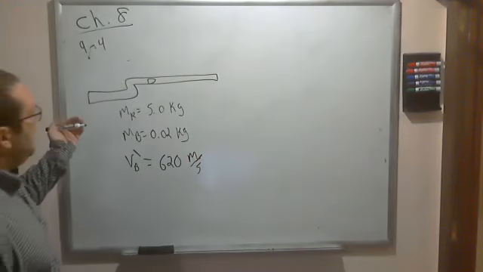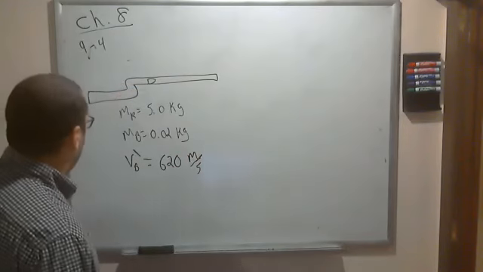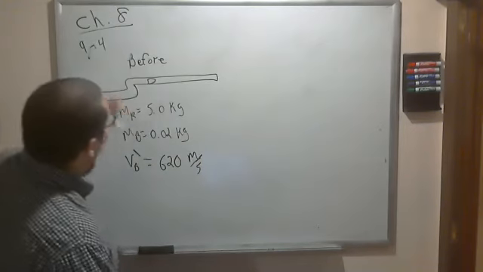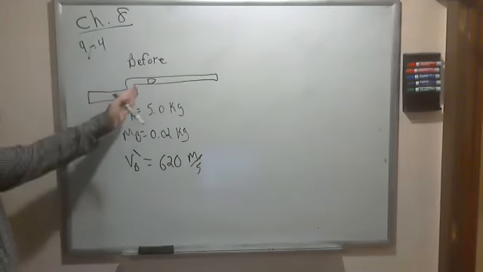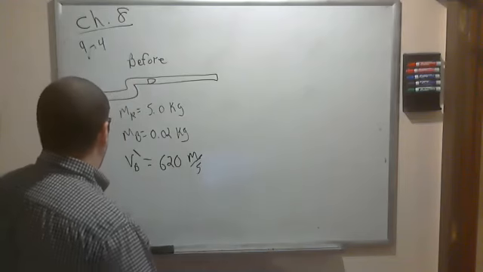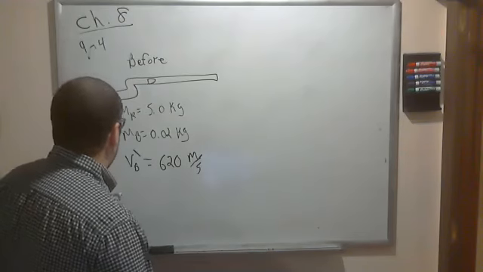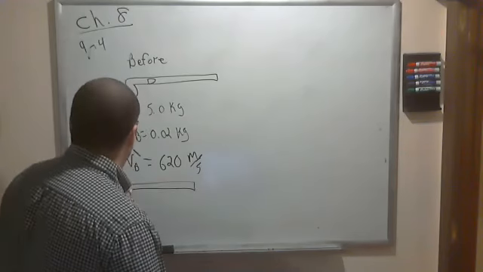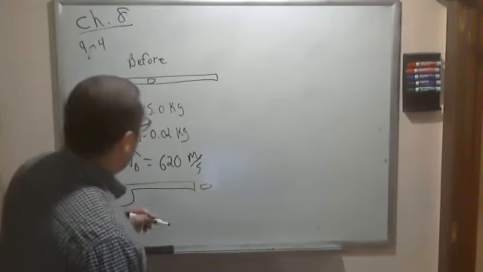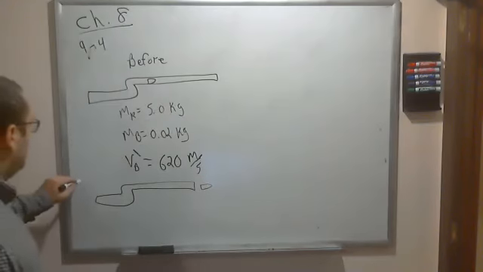Initially it's this, and this is before. Then you trigger the bullet, there's an explosion, and the two items separate. The bullet leaves the gun. And this is after.